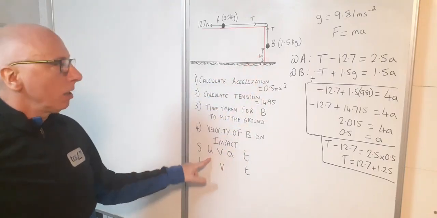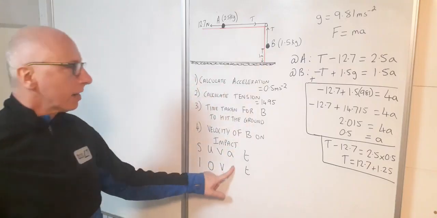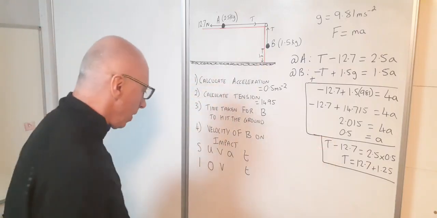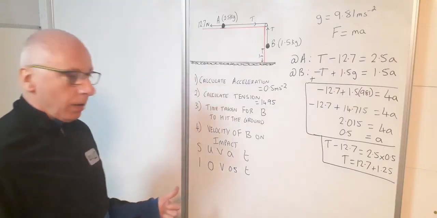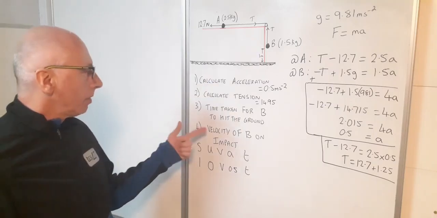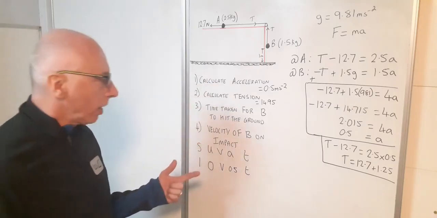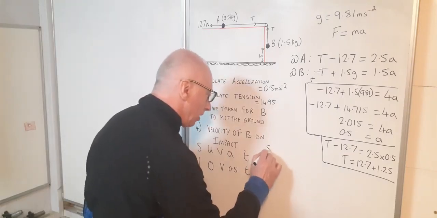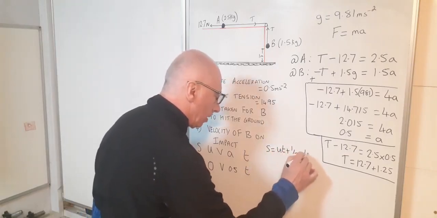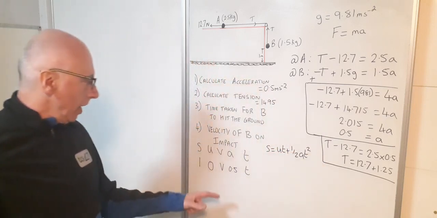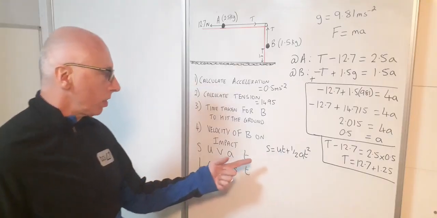Initial velocity would have been 0, and acceleration we're given as 0.5. So how can we calculate the time? We can use the SUVAT equation s equals ut plus 1/2 at squared, and then get our variable t out of that when we solve for it.